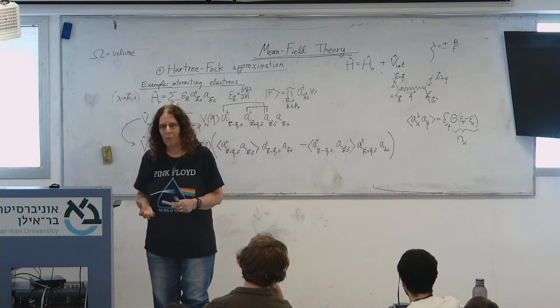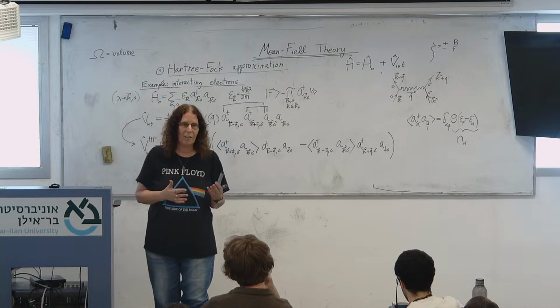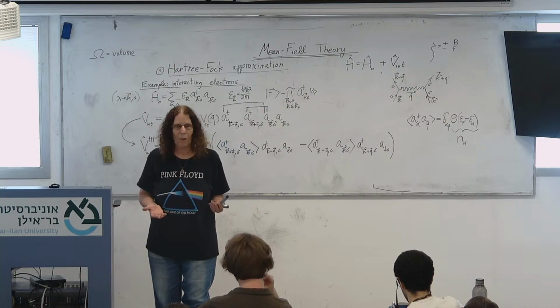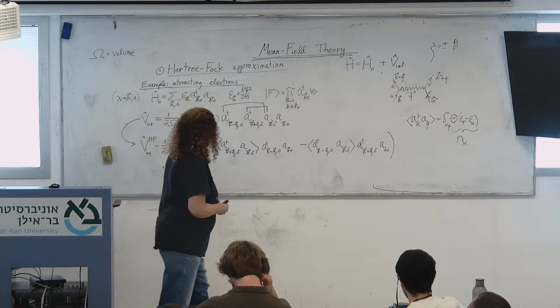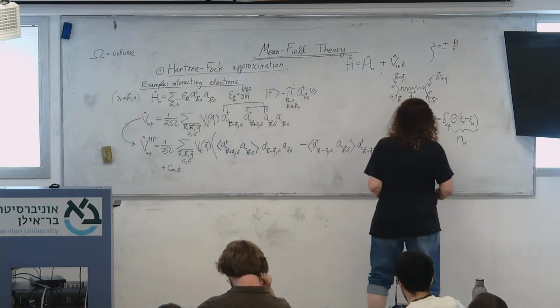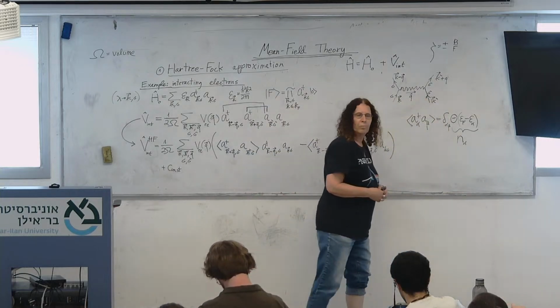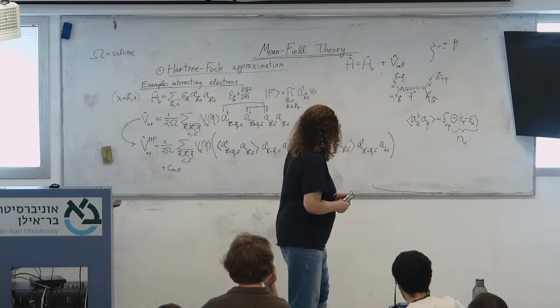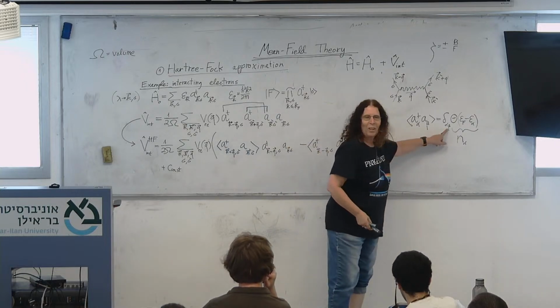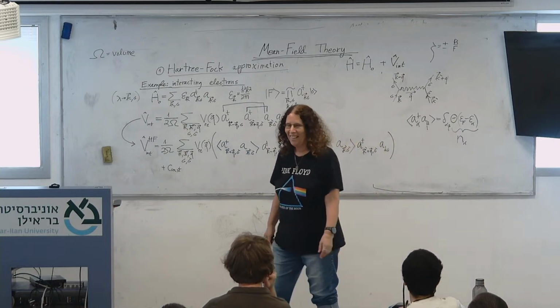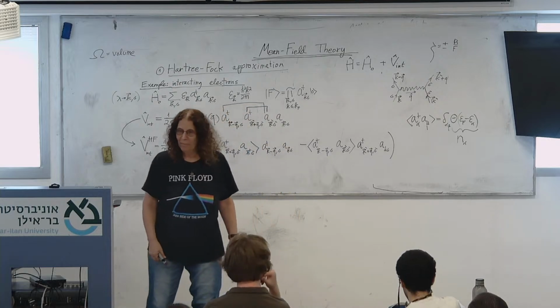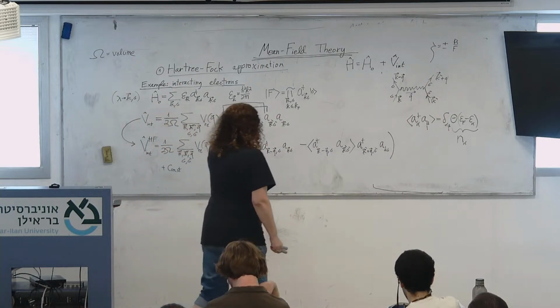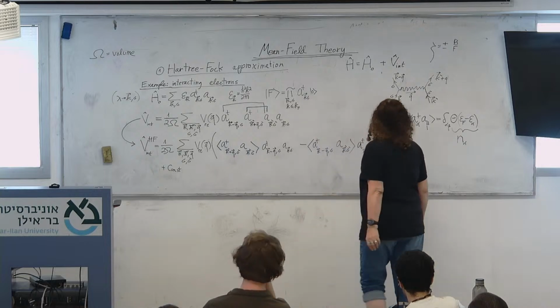If it's inside the Fermi sea, it's occupied. If not, it's zero. Now why is it epsilon alpha, not epsilon beta? Well, there's a delta. All right, great.